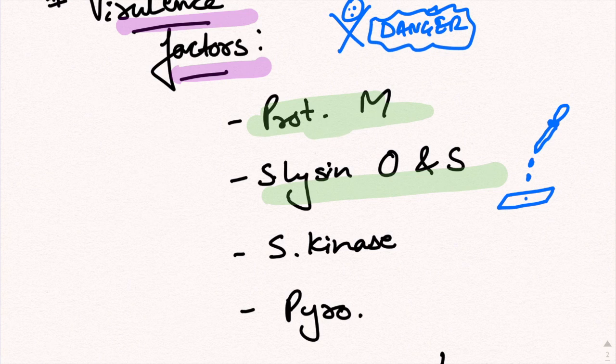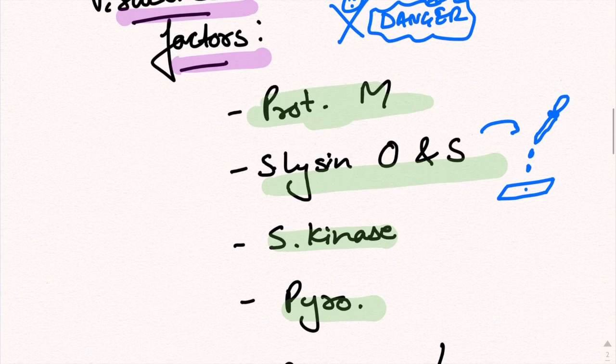They can also produce streptokinase. They also produce a pyrogenic exotoxin, which causes fever, and then they have a variety of destructive enzymes like DNase, hyaluronidase, and so on.